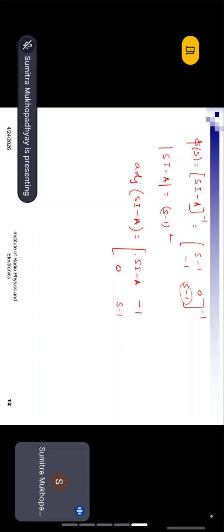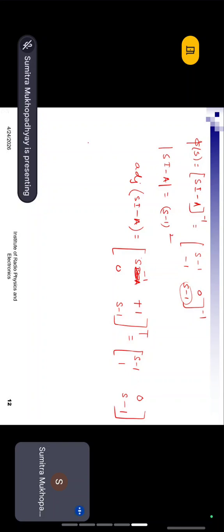Then we have to change the sign, plus, minus, I think you know this, followed by transpose. Please find the adjoint: S minus 1, S minus 1, 1, 0, S minus 1. This is the adjoint.